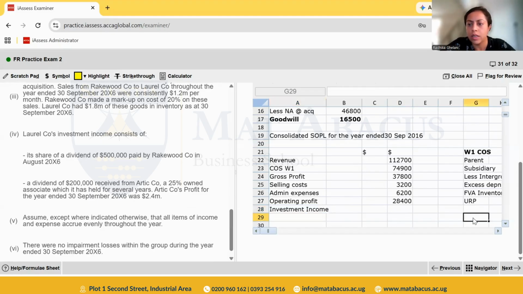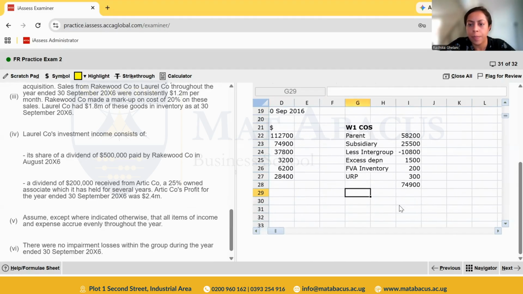So let's go to the side and see. Share meaning 60%. So 60% times the 500,000 gives us 300,000. That means the dividends attributable to Laurel from Rakewood were 300,000.